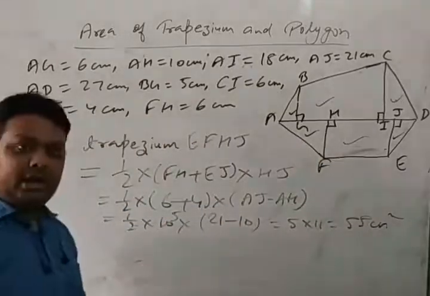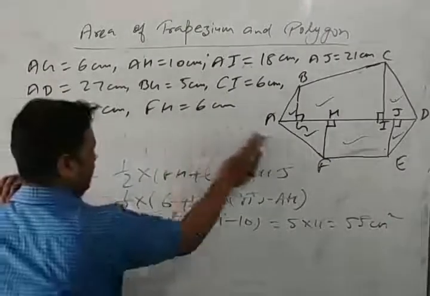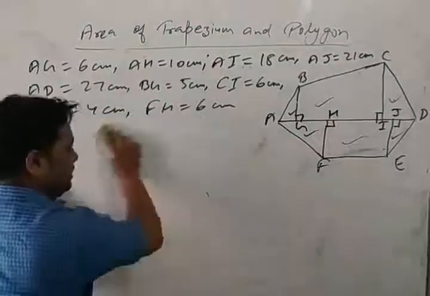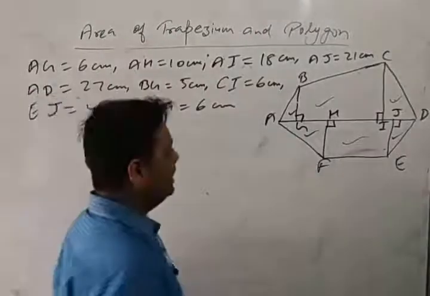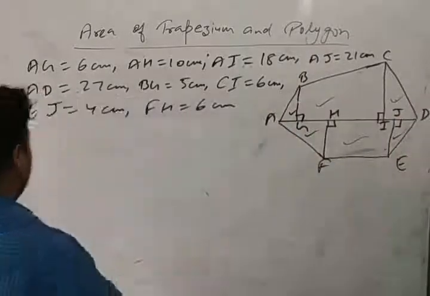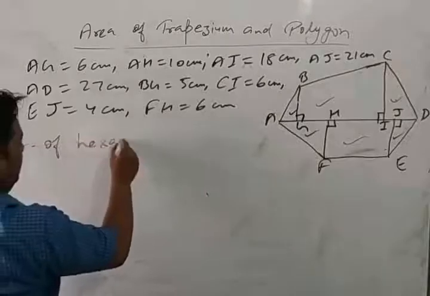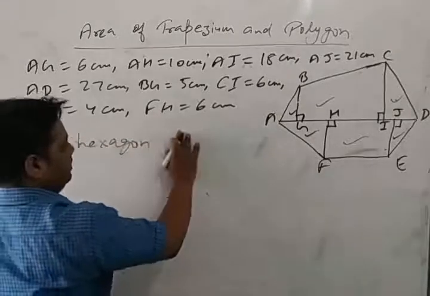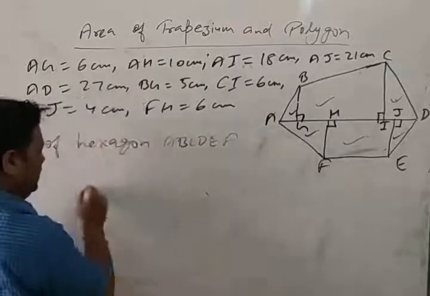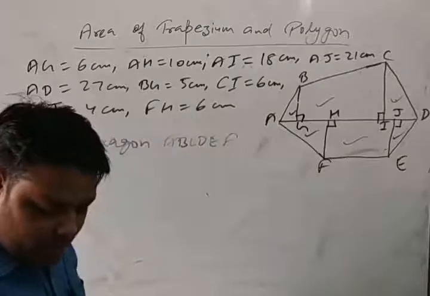Then at last we will add all the values. Since you can see that the whole figure is a hexagon, 1, 2, 3, 4, 5 and 6 lines, we can write area of hexagon ABCDEF is equal to, now we will put all the values we have to add.